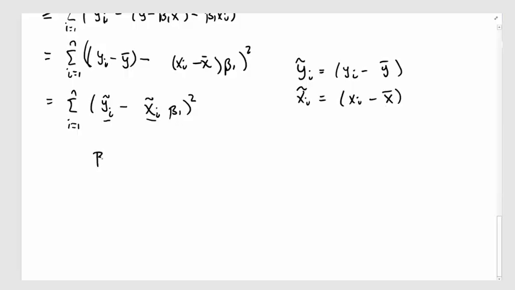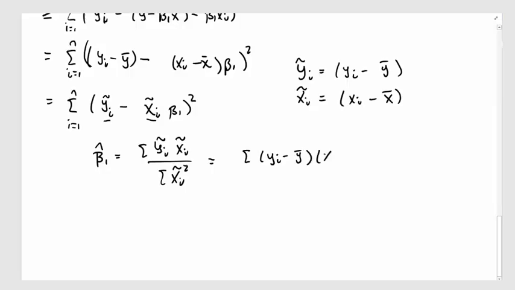The beta 1 hat has to be summation yi tilde times xi tilde divided by summation xi tilde squared. Let's just plug in what yi tilde and xi tilde are. That's summation of (yi minus y bar) times (xi minus x bar) divided by summation of (xi minus x bar) squared.